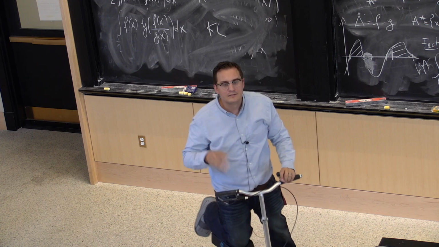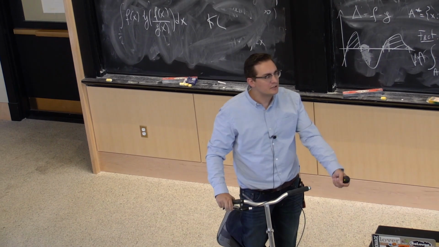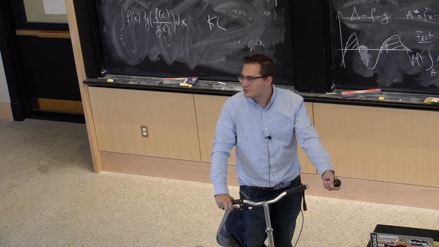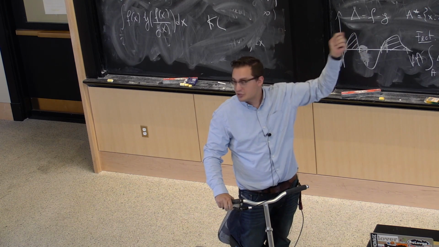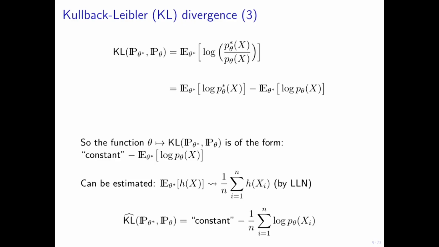So haha, I'm a statistician. Now I have an expectation. I can replace it by an average because I have data from this distribution. And I could actually replace the expectation by an average and try to minimize here. The problem is that, actually, the star here should be in front of the theta, not of the p. That's p theta star, not p star theta. But here I still cannot compute it because I have this p theta star that shows up. I don't know what it is.